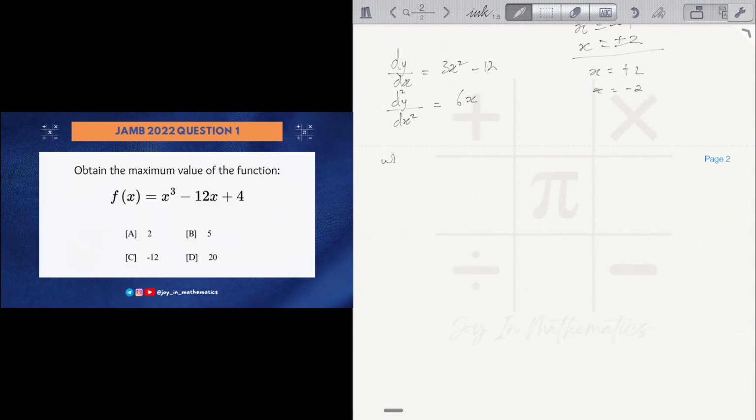So when x is equal to plus 2, our d squared y/dx squared will be 6 into plus 2, which is equal to 12. 12 is greater than 0, and this shows a minimum value.